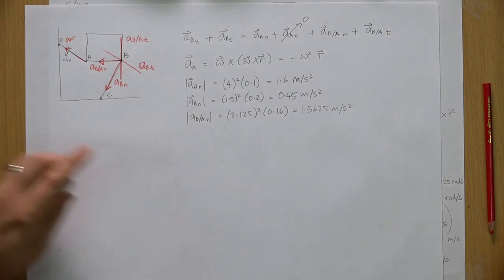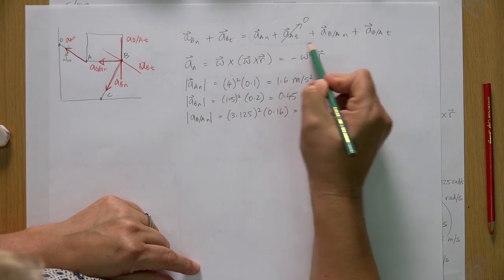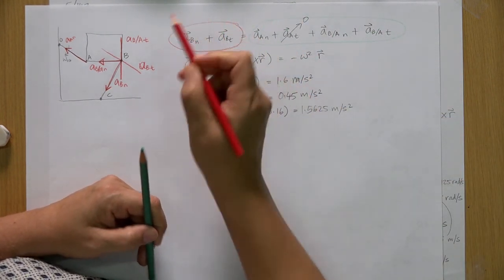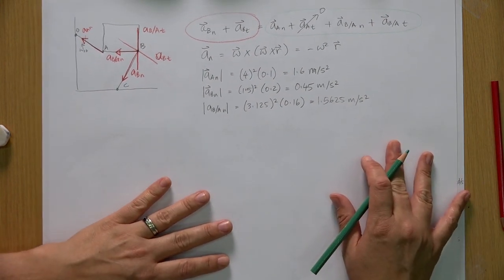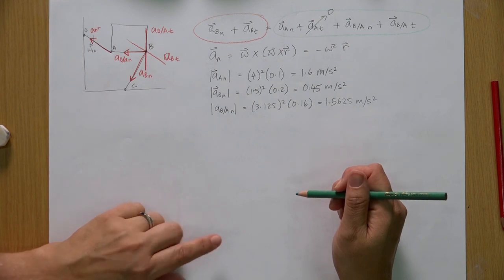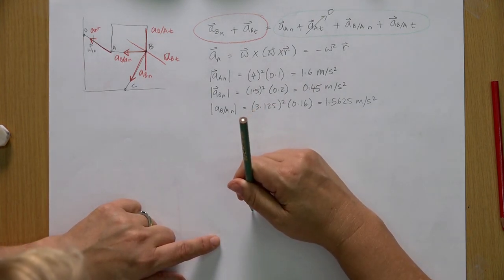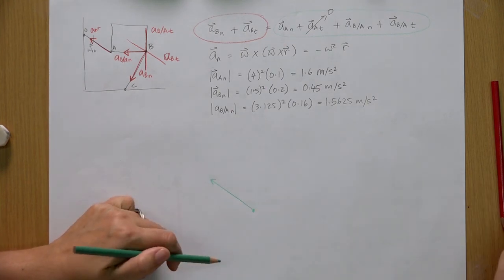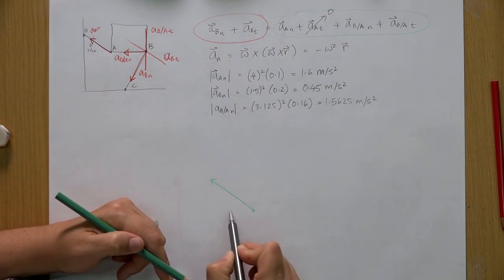Okay, now we can try and draw this giant expression in geometry form, starting with the ones we know. AA normal, we know its direction, its magnitude, 1.6.